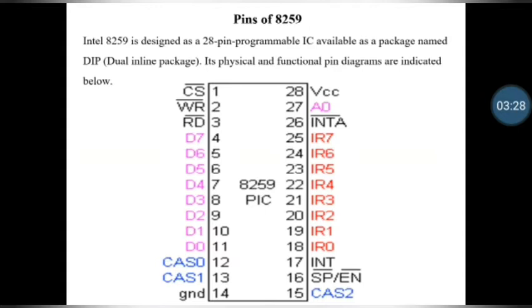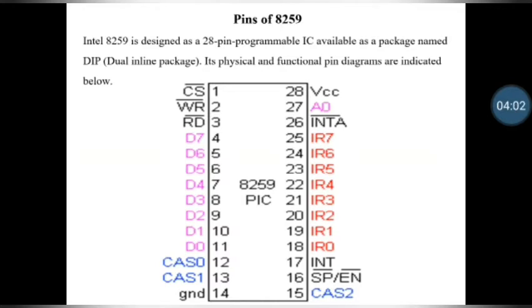Then the next pins are CAS0 and CAS1, pin number 12 and 13. CAS stands for cascade lines. In 8259 there are 8 vectored interrupts. If more interrupts are required, then 8259 is used in cascade mode.